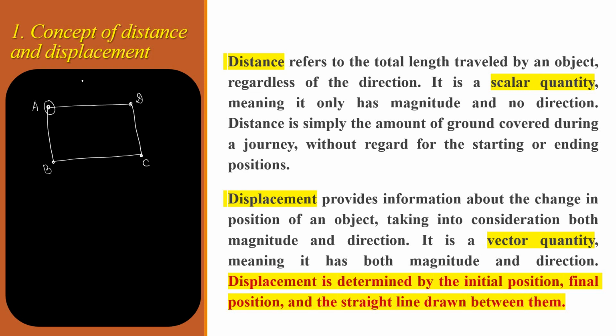So in this case his displacement is equal to 0, but the distance covered by the man is equal to AB plus BC plus CD plus DA.